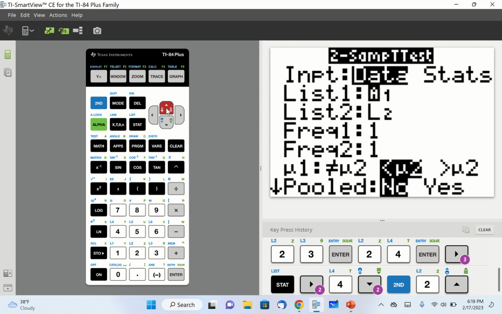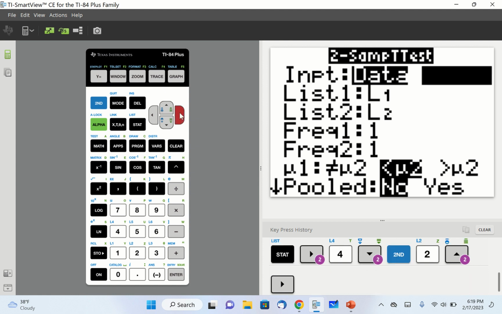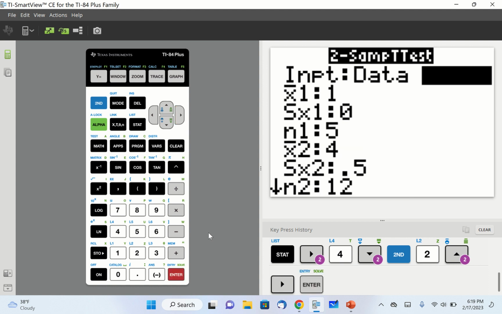Now let's go back and take a look at the stats screen. So if data is not given, but statistics are given, select stats, enter, and you have a different looking screen. This time you will enter the statistics given for the problem. So X bar 1 as in sample mean 1, and standard deviation for population 1, the sample size for the first population, and then all the information for the second population.